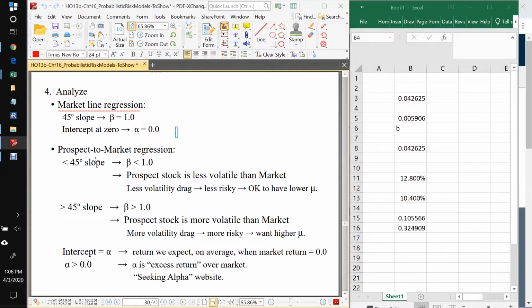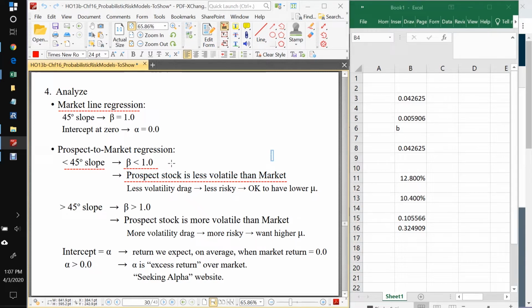For our prospect to market regression, we're going to have two possibilities. As far as beta goes, we're going to have a slope that's less than 45 degrees, and that's going to correspond to a beta that is less than 1, right, because it's slope. And the interpretation of that is that our prospective stock is less volatile than the market.